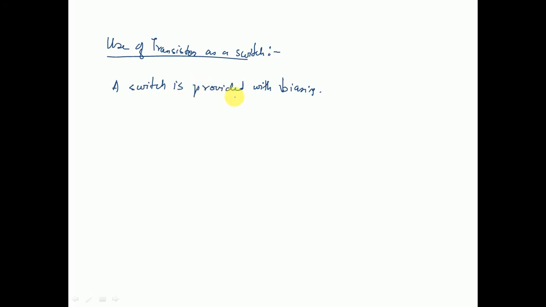Biasing to what? Sorry, not reverse biasing the base. Forward biasing the base emitter junction leads to negligible base current.